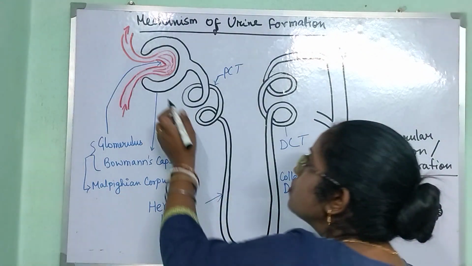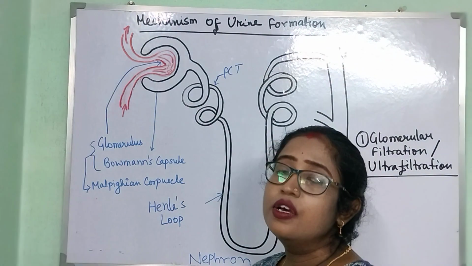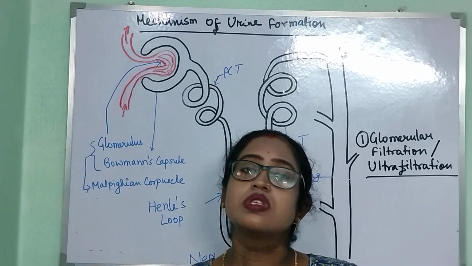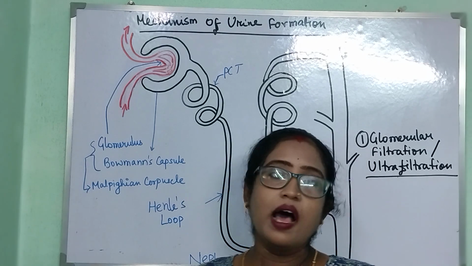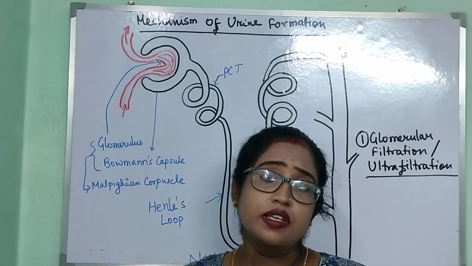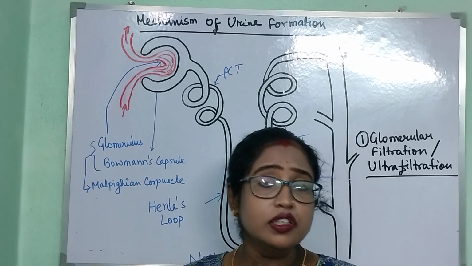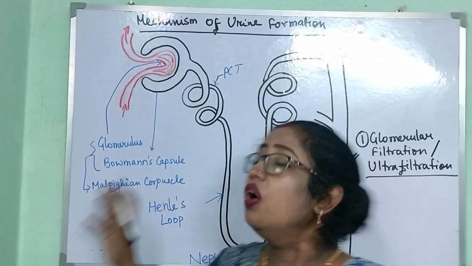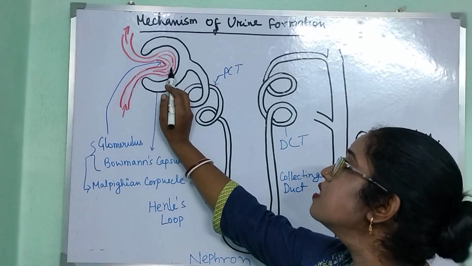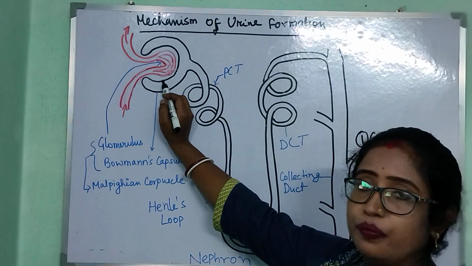Via this diffusion process, waste materials like water, amino acids, glucose, some minerals, and other products, especially urea, the main excretory product of the human body, all filter via the glomerulus membrane into the Bowman's capsule.